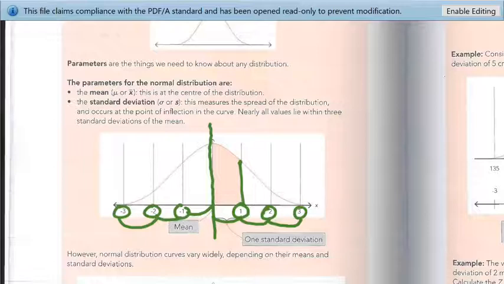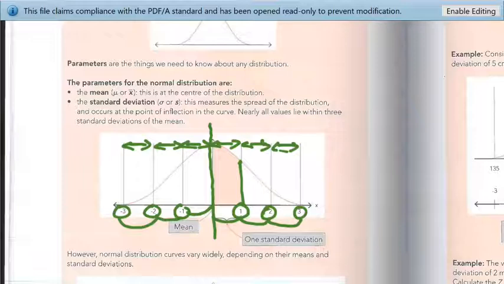But the spaces, this distance between these lines, is exactly the same distance. All right? So the spaces between the lines of standard deviation are exactly the same difference. But notice that our graph is a curve, right?